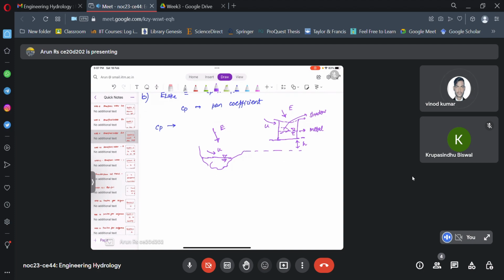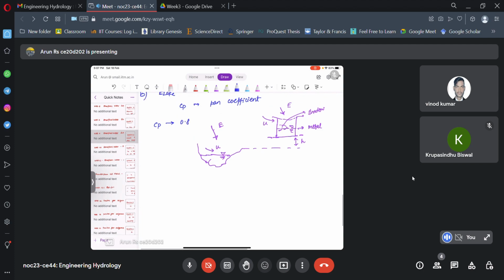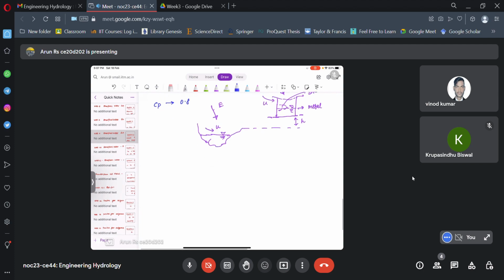And the heat storage capacity of the water body is much higher than your pan. So these are some of the factors, and that's why we are using the pan coefficient. So your evaporation from the lake is equal to 0.8 into 49, that will be equal to 32 mm. Not 32 mm.